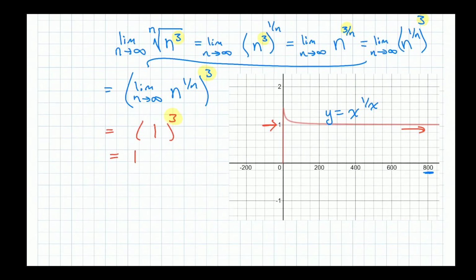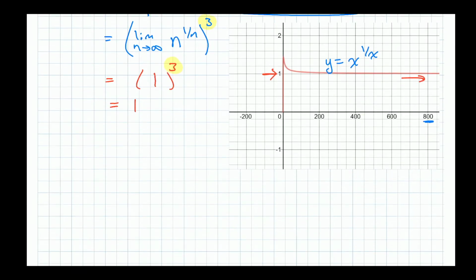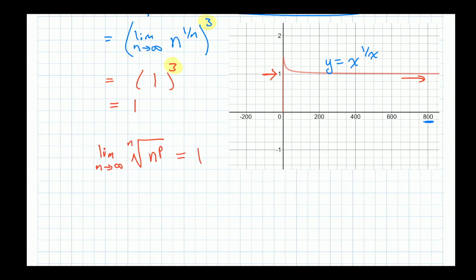And so even though I did the limit with a 3, you would actually be able to conclude this: the limit as n goes to infinity of the nth root of n to the p is just 1. Okay, so I just wanted to do that limit, and we're just going to remember what the result was, and we can use it later.